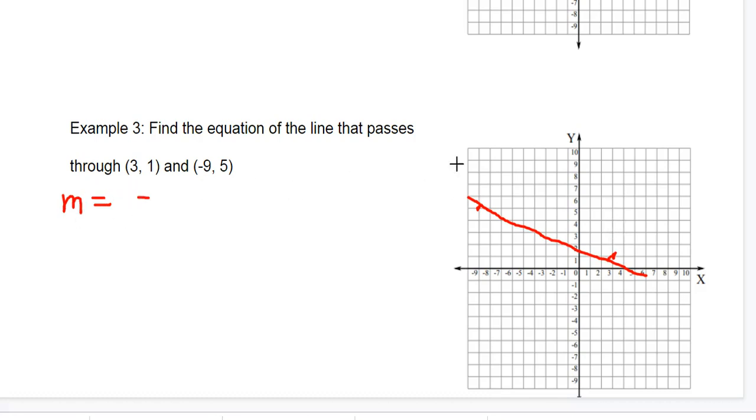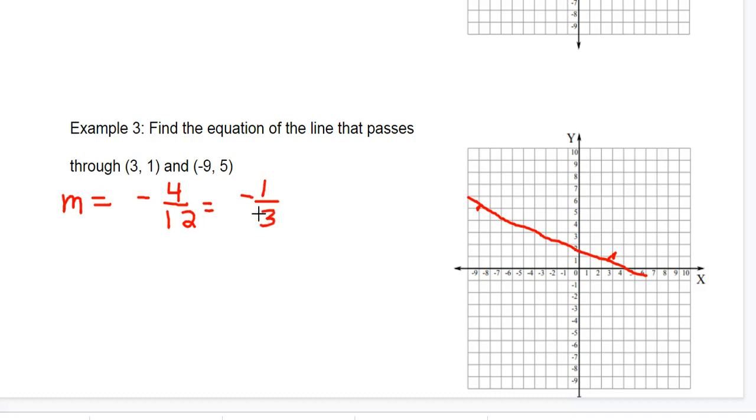It's a negative slope because we're going down, left to right again. 4 over, and our run 1, 2, 3, 4, 5, 6, 7, 8, 9, 10, 11, 12. Wow. -4 over 12. And that's going to simplify. I'm going to divide them both by 4. That gives me -1 over 3.